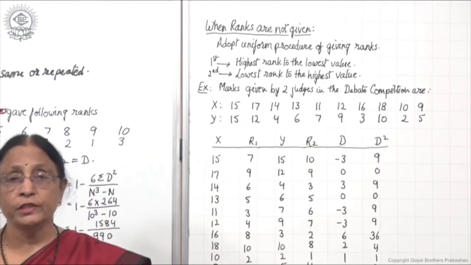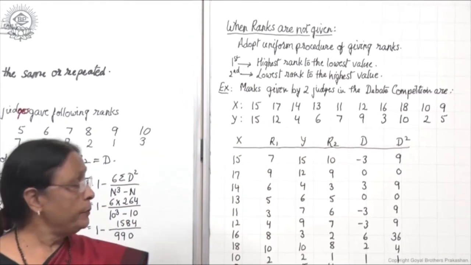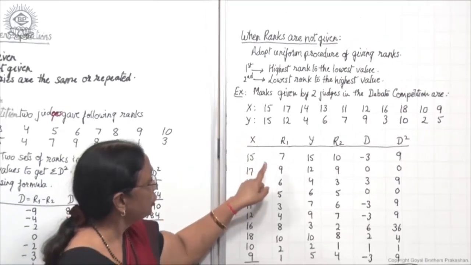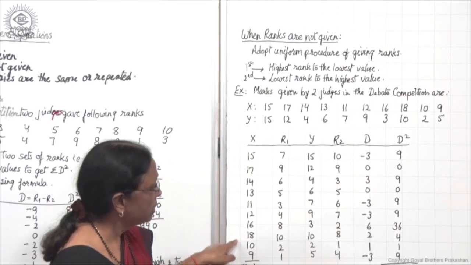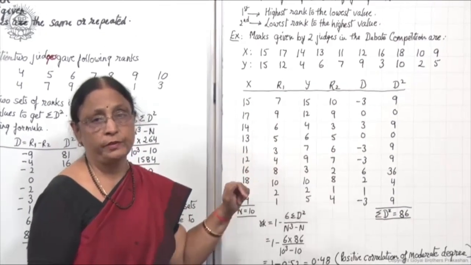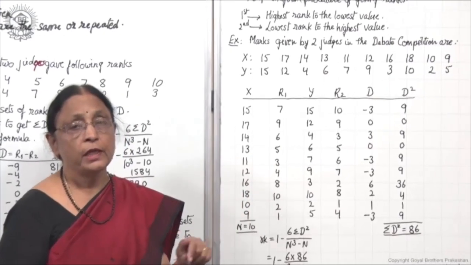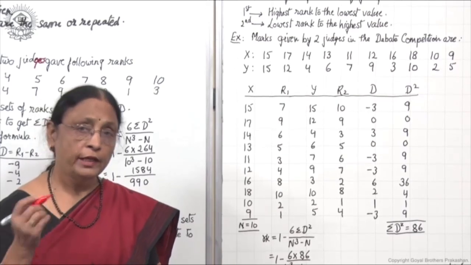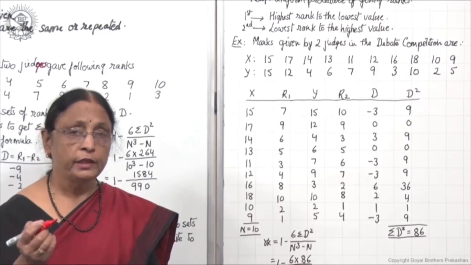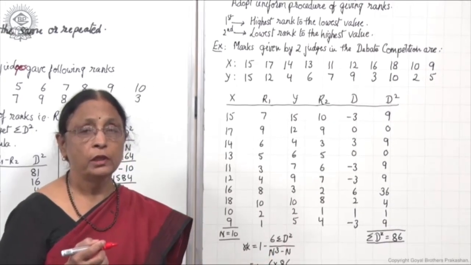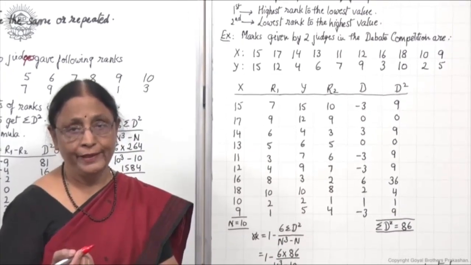Uniform procedure, what does it mean? It means that whatever procedure of allotting ranks you are following in the X series, follow the same procedure in the Y series. That means if you are giving first rank to the highest value, then in the Y series also give first rank to the highest value, right?